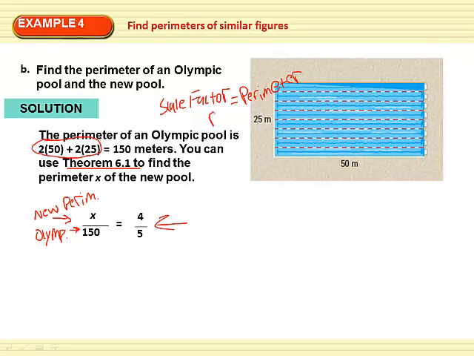The ratios are equal. Okay. So, once we set this up, cross multiply and solve, you get x is equal to 120. So that's going to be the perimeter of the new pool.